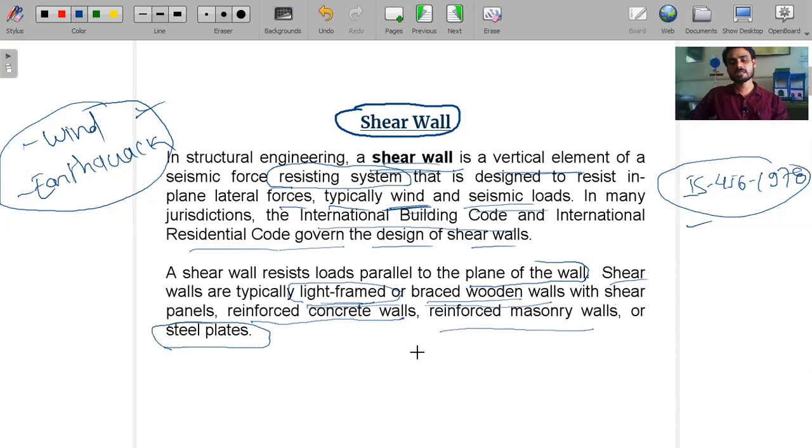Shear wall can be constructed in any of these materials or patterns. The selection depends on the magnitude of load, type of building, and various other parameters.